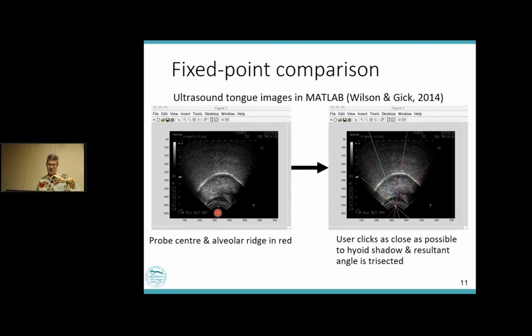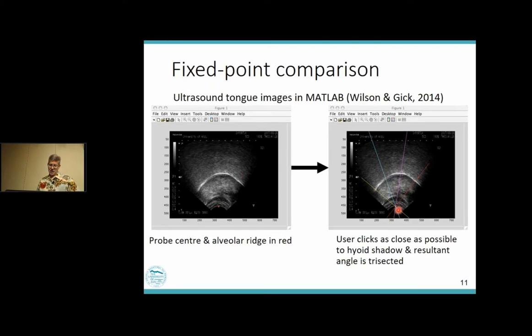And this dot down here is at the center of the probe. The user clicked on the tongue as far back as he could down here, close to the hyoid shadow, and then MATLAB would draw 2 lines, the red line here and the yellow line here, and then trisect the angle by drawing 2 more lines.